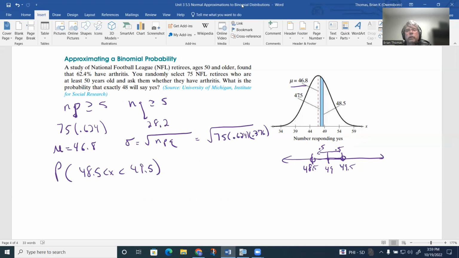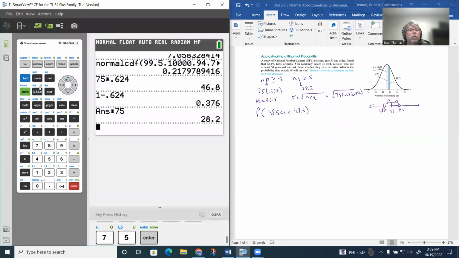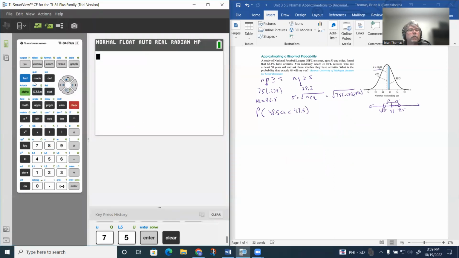So if I pull my calculator back up, we're doing the square root of 75 times 0.624 times 0.376. That will give us our standard deviation, which will be like 4.19.